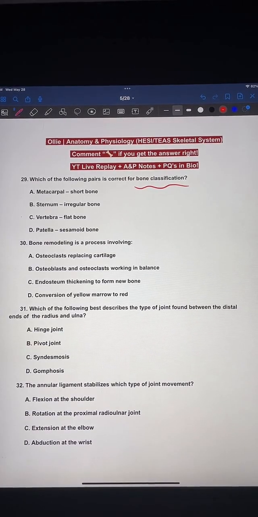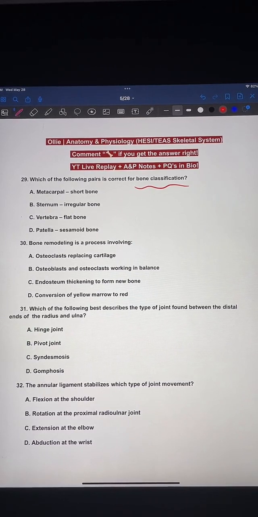Tomorrow we might go at 6:30 Eastern Standard Time. They're normally at 1 p.m., but I have a meeting at 1 p.m., so I won't be able to do it. The live streams range anywhere between 30 and 75 minutes. Today I have 48, 50-ish questions. I have some labeling questions at the end.